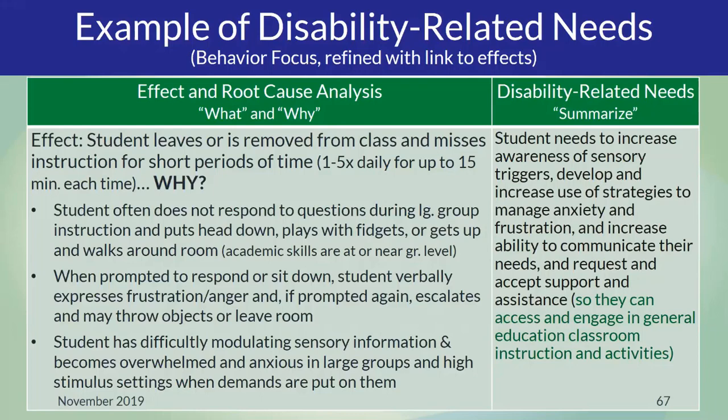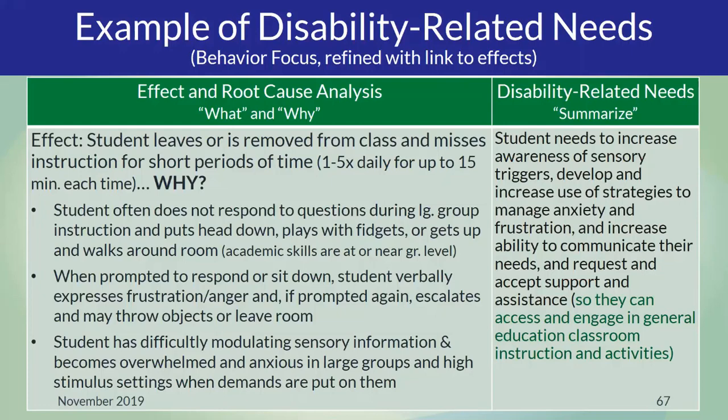In this example, the IEP team identified that the behaviors that most often resulted in the student wanting to leave class or being removed most often occurred when the student became overwhelmed by stimulation and in certain settings. When academic or behavior demands were added to this, the student became even less able to access and engage in activities in that general education environment.